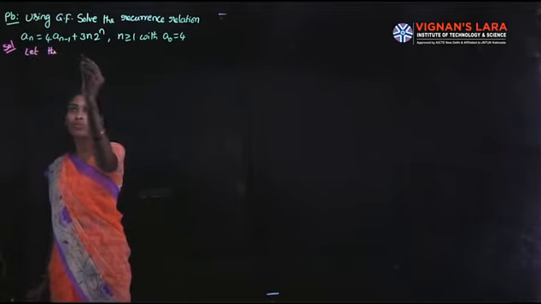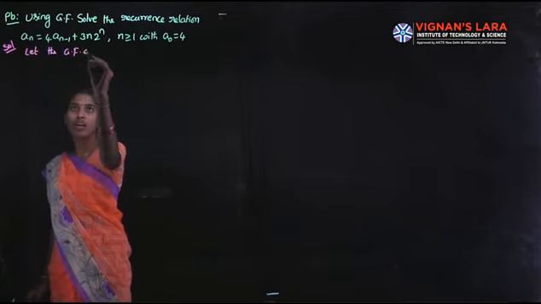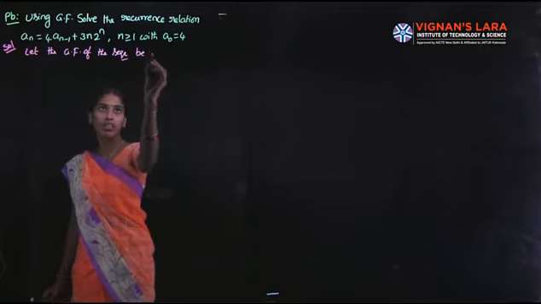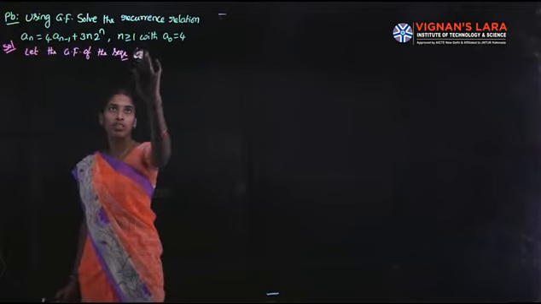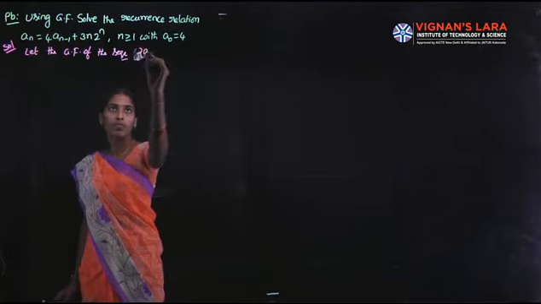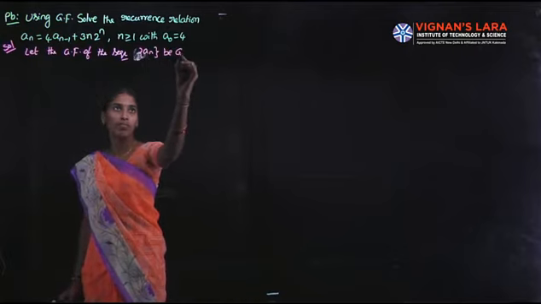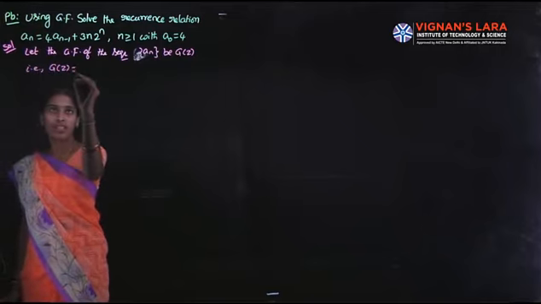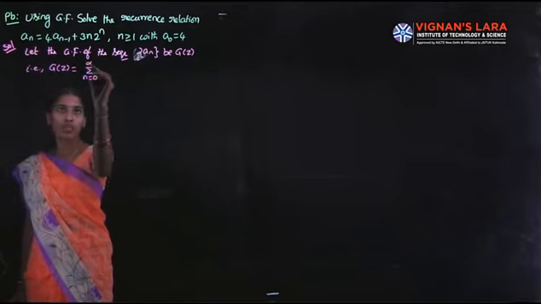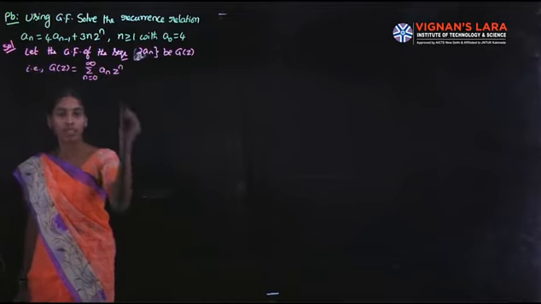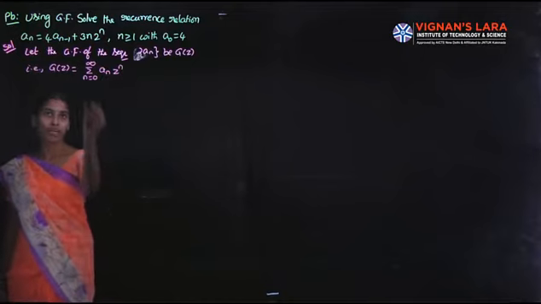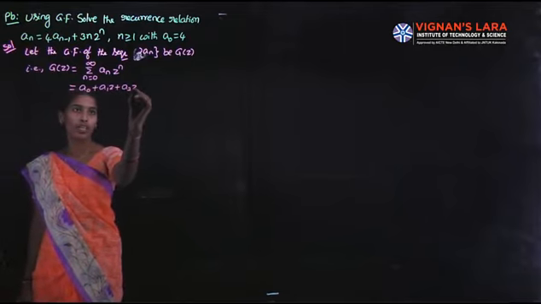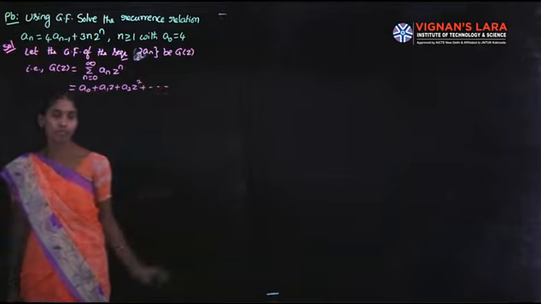Let the generating function of the sequence a_n be G(z). That is, G(z) can be expressed as summation n equal to 0 to infinity a_n z^n. Expanding this sigma: a_0 + a_1 z + a_2 z^2 and so on.